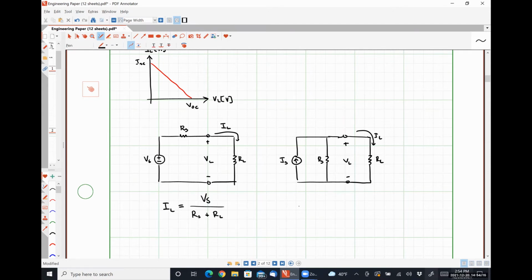We come over to the right-hand circuit. We can use current division to find out how much current will flow through that resistance RL.